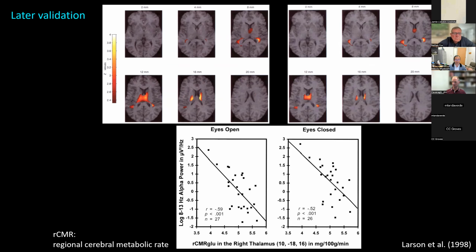And later, using PET, Larson and colleagues showed that indeed, when they observed the increase of the regional cerebral metabolic rate within the thalamus, then the simultaneously recorded EEG power dropped. So when blood flow increases in the thalamic region, the EEG power goes down, particularly the alpha power. So this reticular formation is an inhibitory mechanism of the thalamic activity.